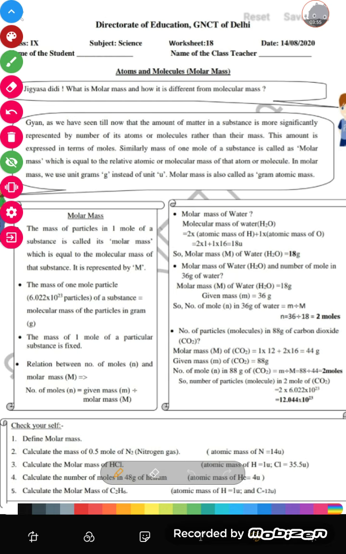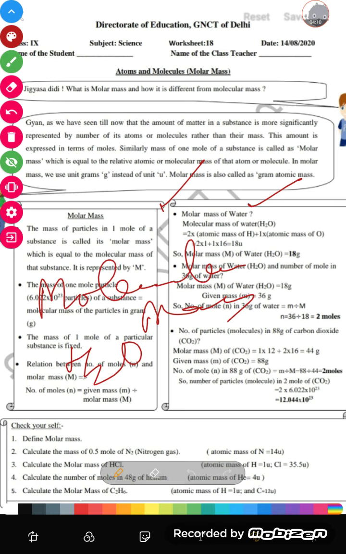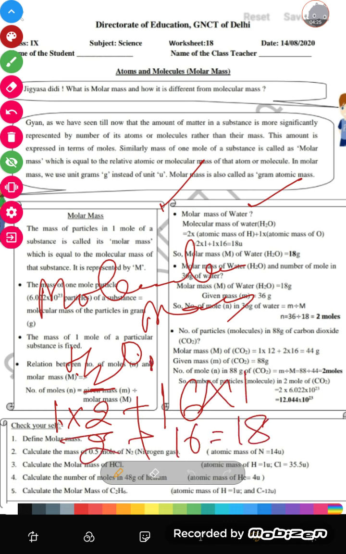And they have also shown you how to find out the molar mass of water. See, molecular mass of water. How will we find out molecular mass? We have H2O, we have 1 for hydrogen into 2 atoms, 16 for oxygen, and 1 atom. We have 2 plus 16, that is 18.